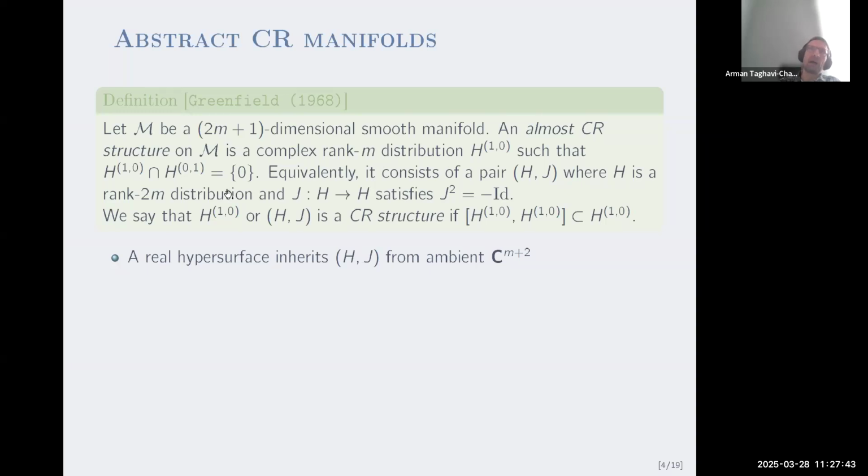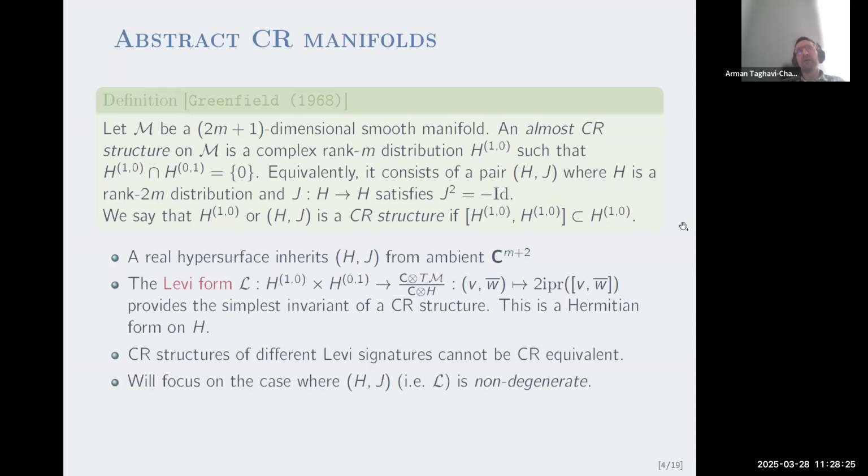You think of H as a hyperplane distribution on your odd dimensional manifold, the rank of H is even, and you equip this hyperplane distribution with a bundle complex structure. In particular, a real hypersurface inherits this complex structure from the ambient complex space it sits in. So it should be the ambient C^{m+1}, not C^{m+2}.